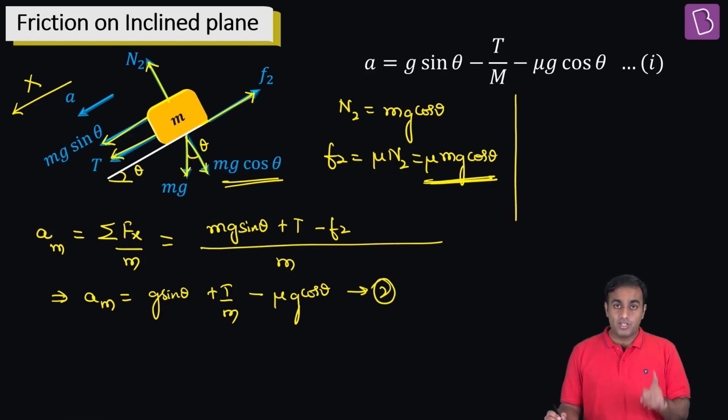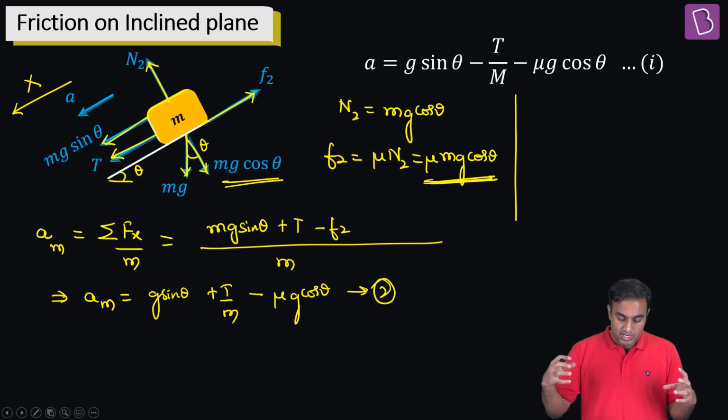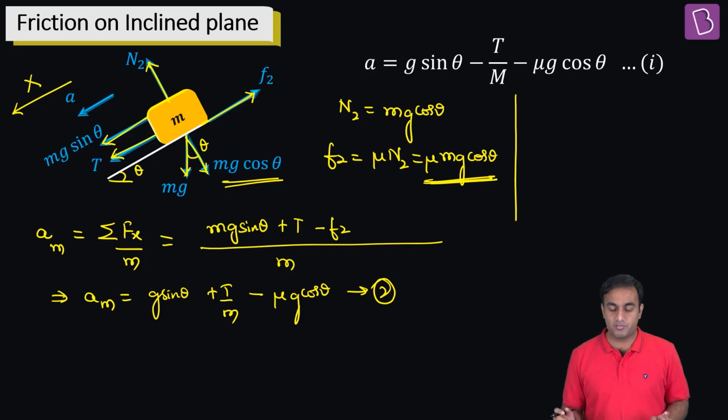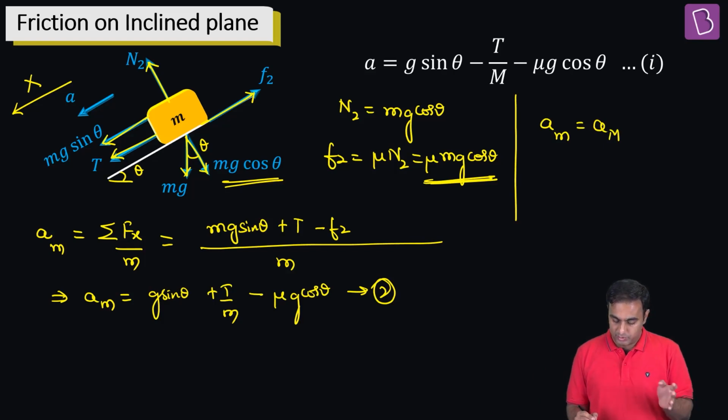Now, we know that these two blocks are connected by a rope. So, the acceleration of block of mass capital M and the acceleration of block of mass small m must be the same. So, a small m must be equal to a capital M, and if you equate them, you will see that g sin theta and mu g cos theta will get cancelled on either side.